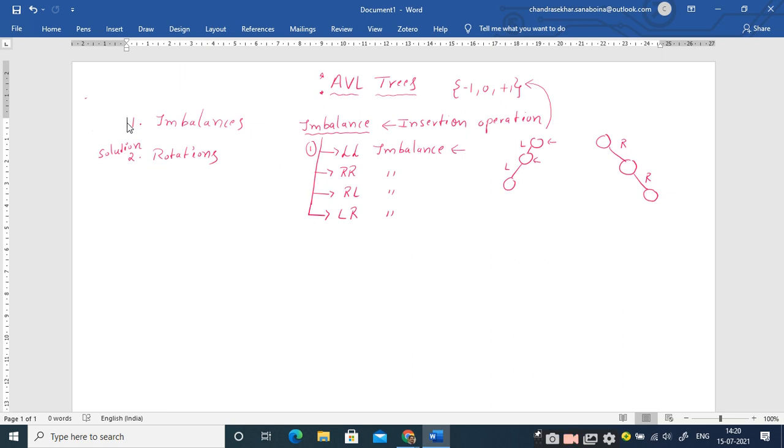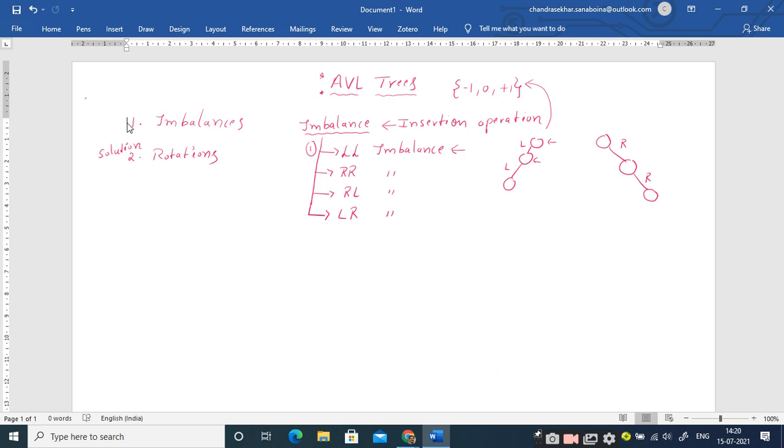Remember that when you insert nodes as the left child or the right child of a particular node, it is not mandatory that an imbalance always happens. So when you insert the node, you have to calculate the balance factors of each and every node, and when you find that any node is not falling in this range, we say that an imbalance has happened, and then we name that imbalance.